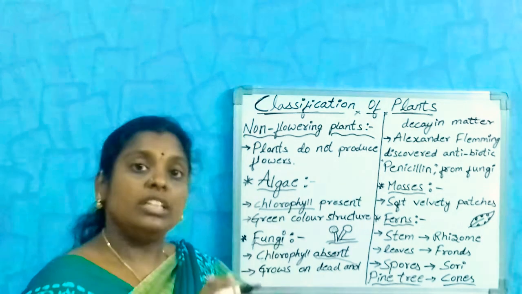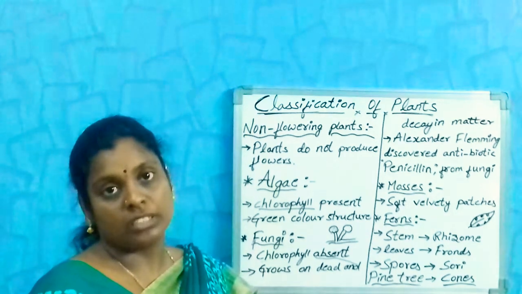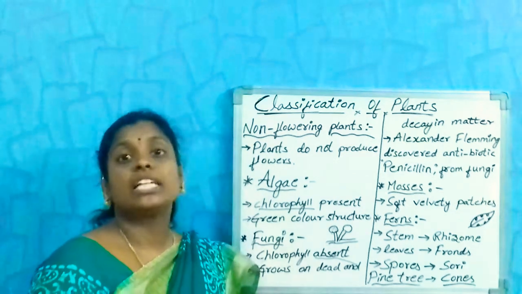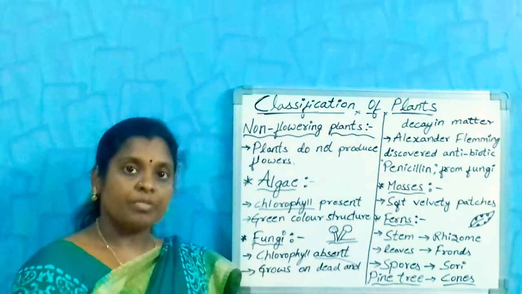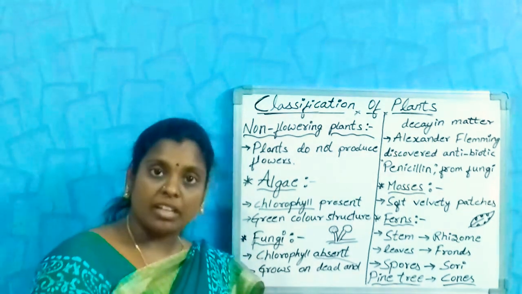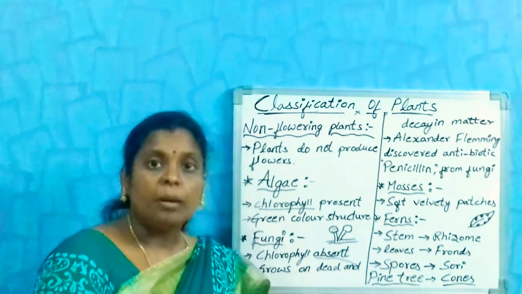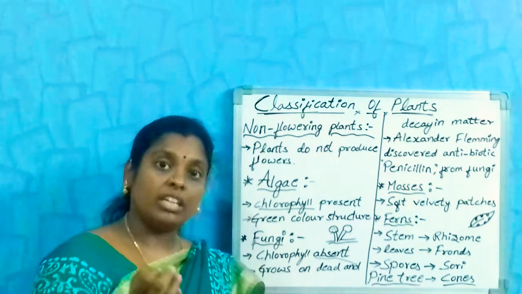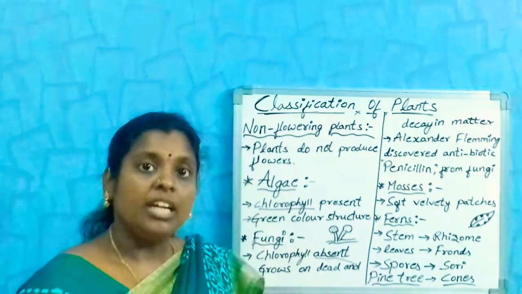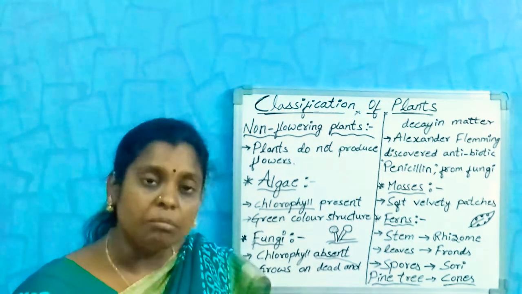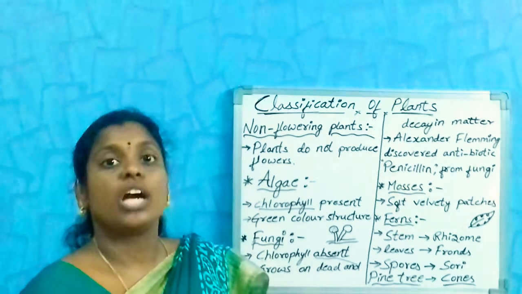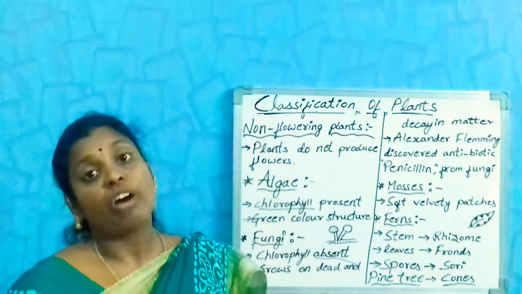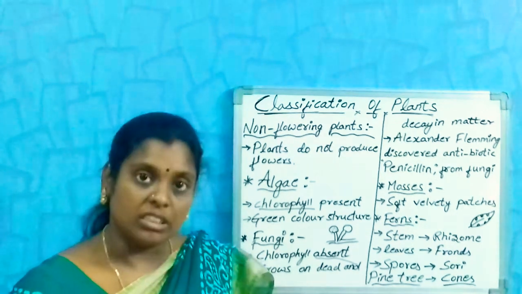It is also useful for us. A scientist called Alexander Fleming discovered an antibiotic called penicillin from the fungi. Means this fungi is a plant. It contains some chemical substance that is necessary for us to fight against some diseases.